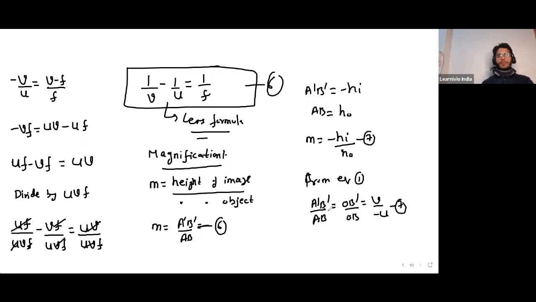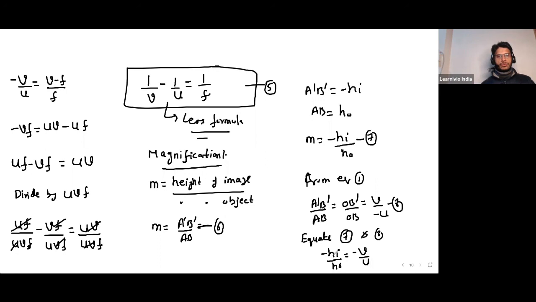So you know that your A prime B prime by AB is equal to minus of hi by h naught and is equal to V by U. Equation number 8. Now I can compare 7 and 8. When I equate 7 and 8, what I get is minus of hi divided by h naught is minus V by U. So this negative will cancel this negative.